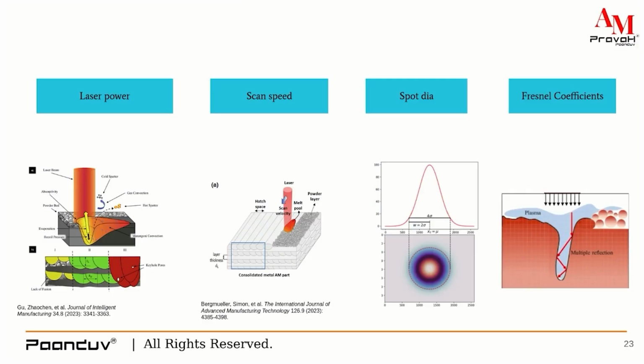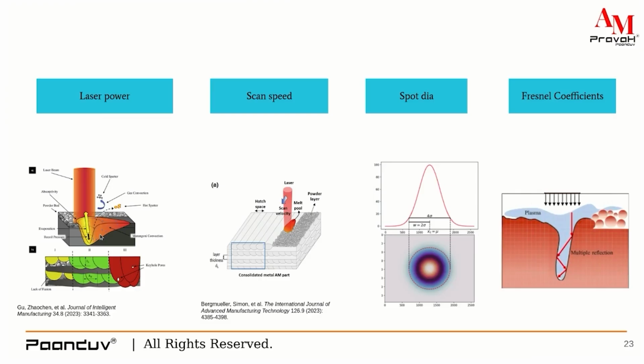Now when these depressions are happening, this laser can interact further from the keyhole, and it can reflect multiple times into the system, which causes severe effects like deepening of the keyhole. And accounting for the Fresnel coefficients is very important into the system to mimic the right melt pool dynamics.